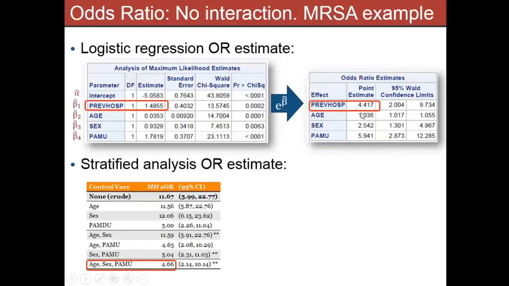We can manipulate how SAS reports this, by the way. There's the units statement in Proc Logistic, and you can tell it, hey, though my data is at 1 year age increments, I actually want to see the odds ratio in 10-year increments, reflecting a 10-year change in age, let's say.